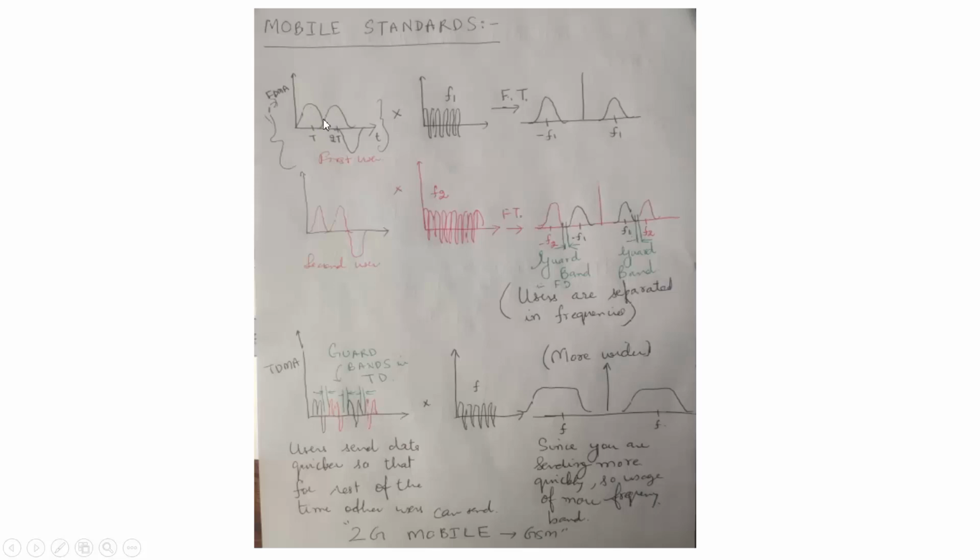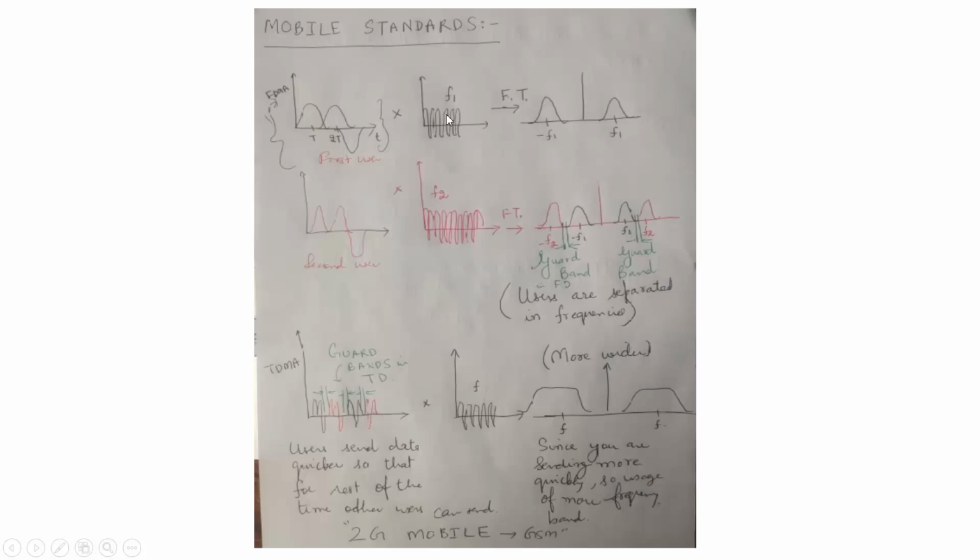Now one particular user will be multiplied with a carrier frequency which is f1, and the second user can be multiplied with a carrier frequency f2. But let us look at the first user first. The first user has this digital bit stream represented using Gaussian pulses. It is multiplied with the carrier f1.